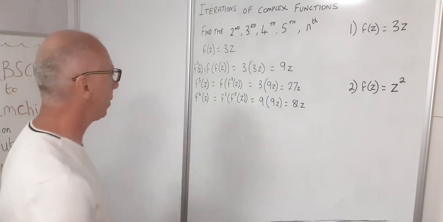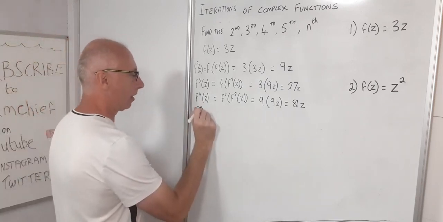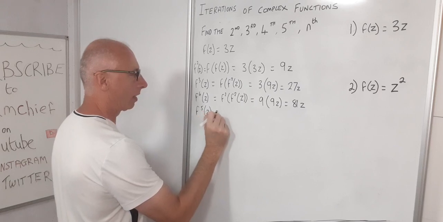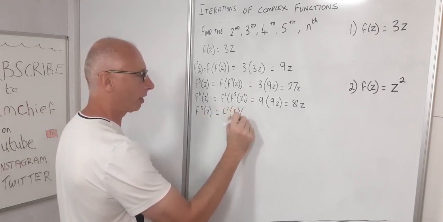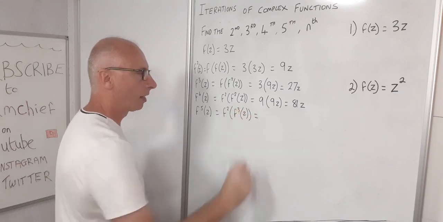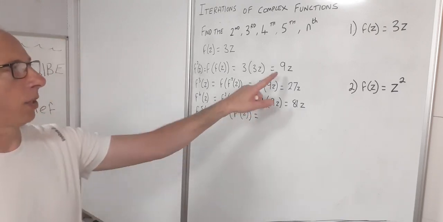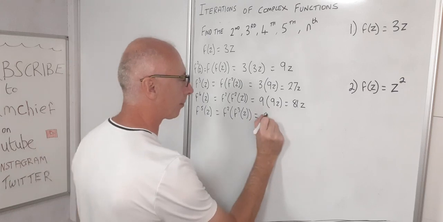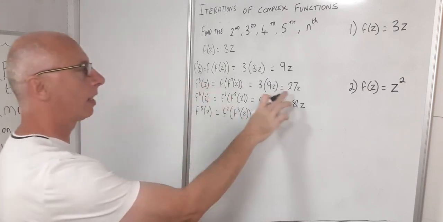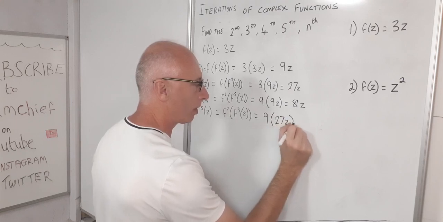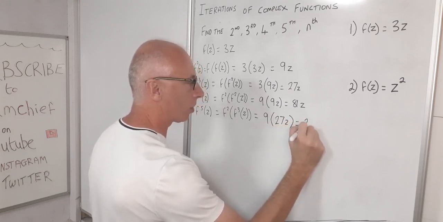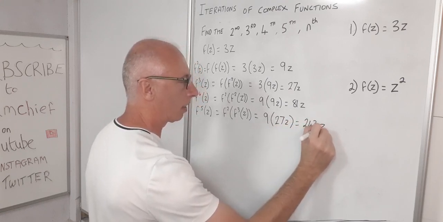Okay, so now the fifth iteration, f5 of z, that could be f2 of f3 of z. So f2 is 9 and our f3 is 27. So then that's going to give us 243z.